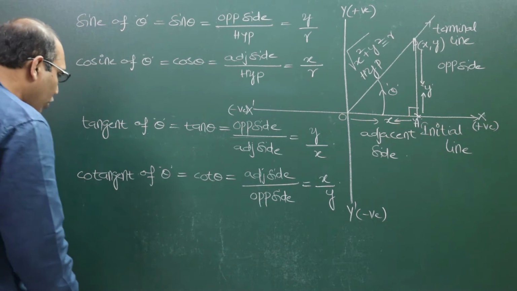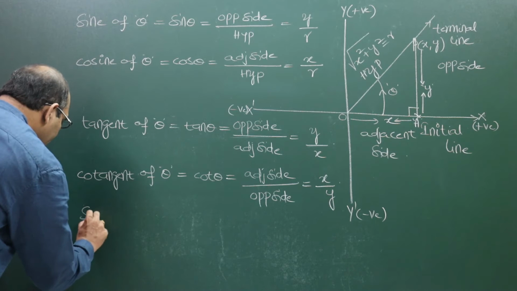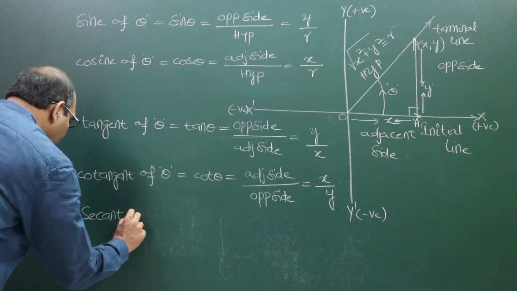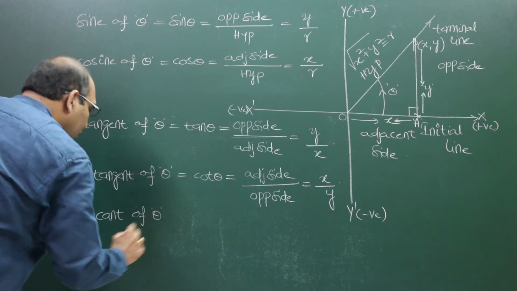Now the next trigonometric ratio is secant of theta.